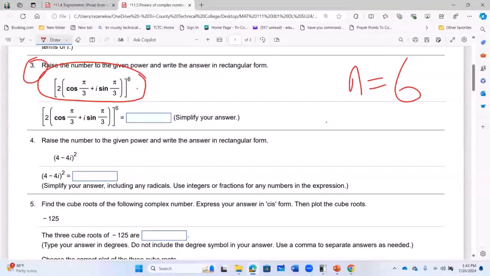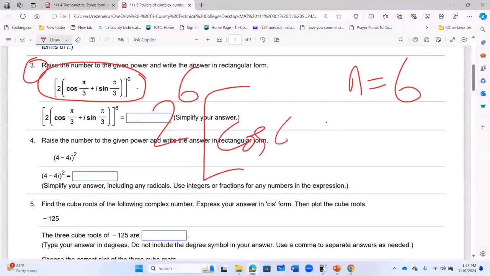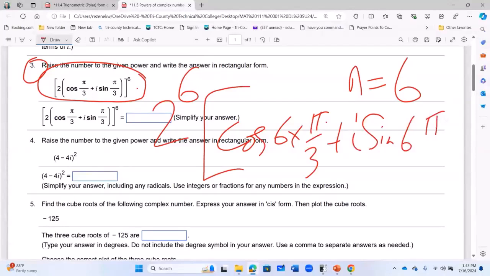It's not a big deal. So I'll just start with 2 raised to power n. That's 2 to the power 6, times, in big parentheses, cosine of 6 multiplied by pi over 3, plus I sine 6 multiplied by pi over 3.